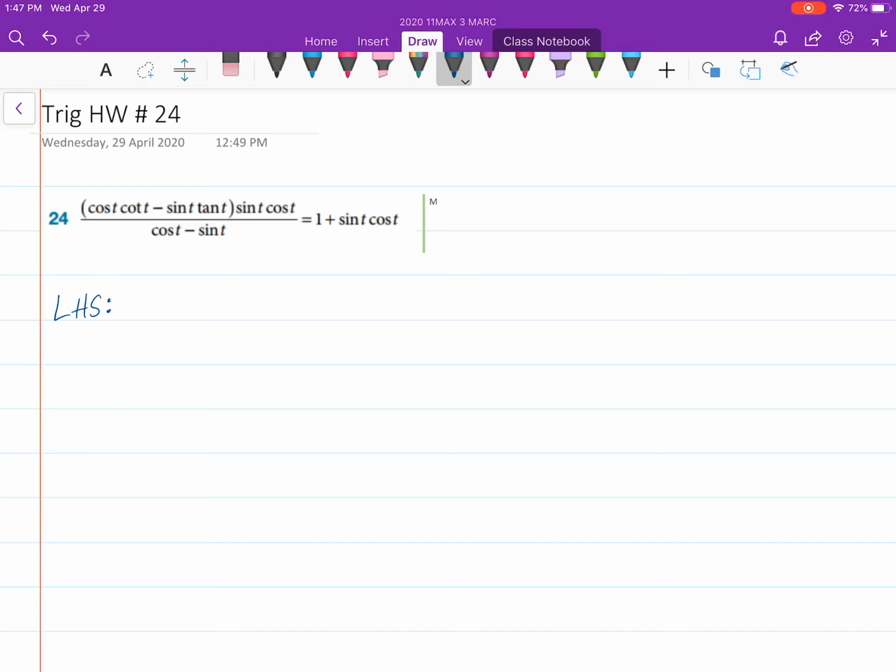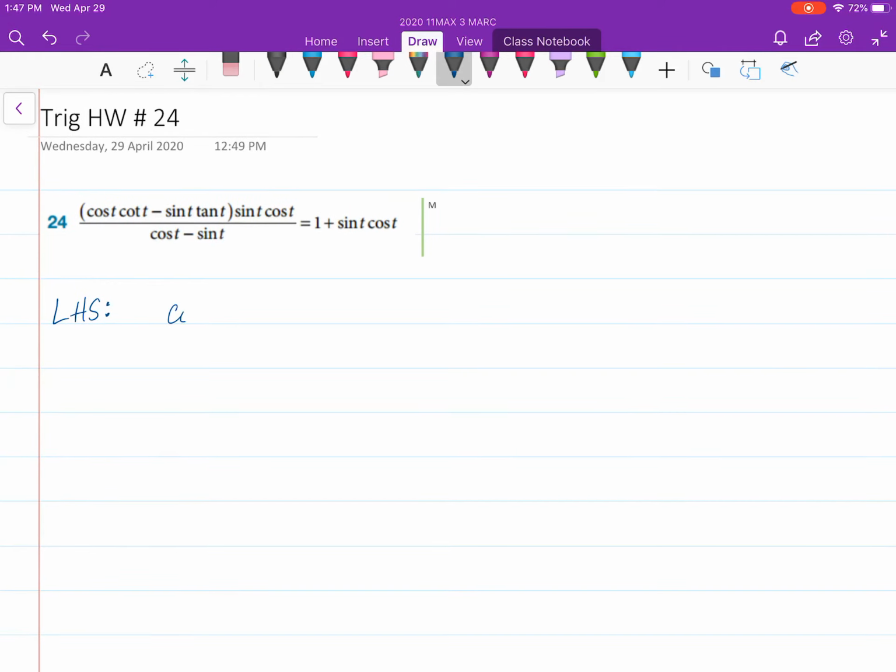So I'm going to multiply sine t cosine t times each term inside of the bracket. So therefore, when I do so, I get cosine squared t times sine t times cotangent t minus sine squared t times cosine t times tan t.